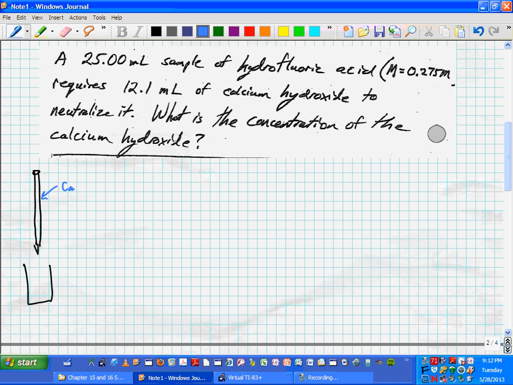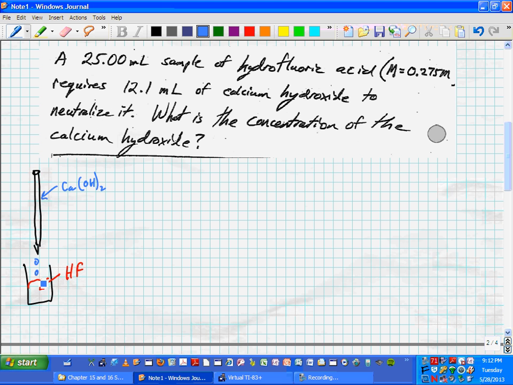So the calcium hydroxide is in here, and the hydrofluoric acid is in here. And we're going to drip our base, our calcium hydroxide, into the hydrofluoric acid. Some sort of indicator tells us when the reaction's over, just like with our lab. And we titrated 12.1 milliliters.